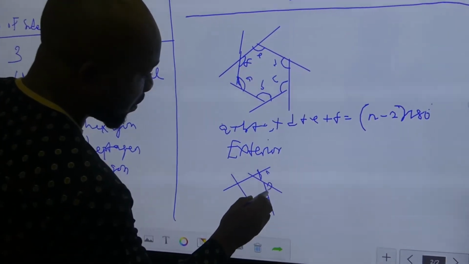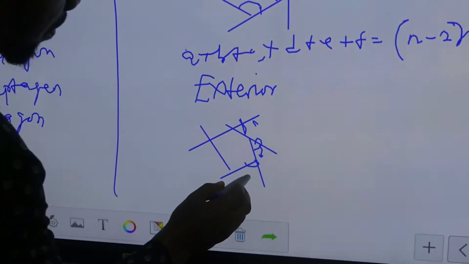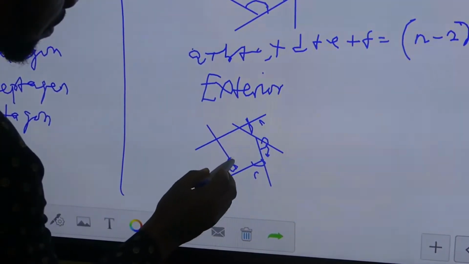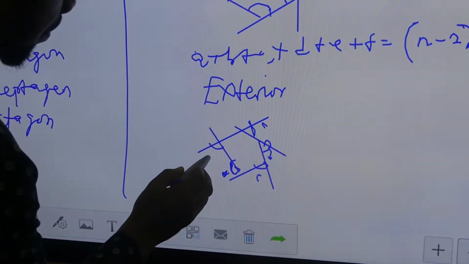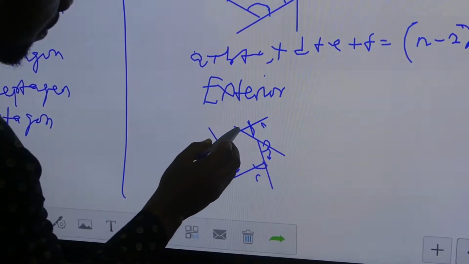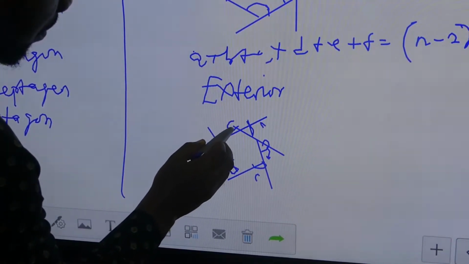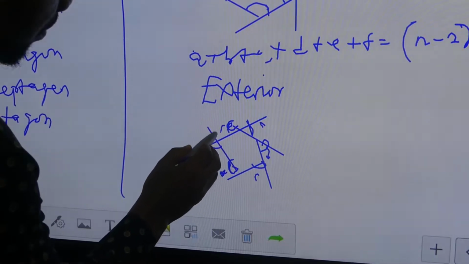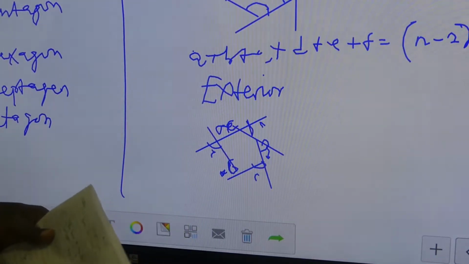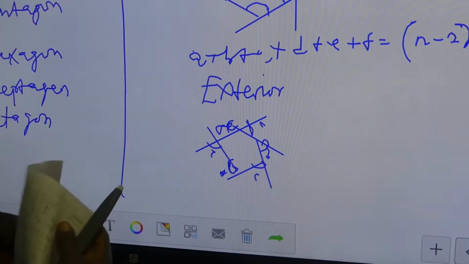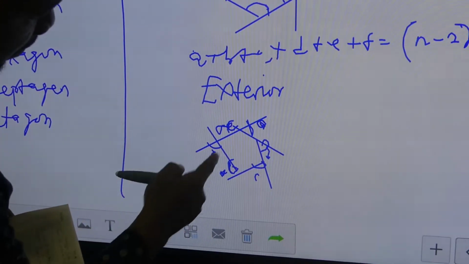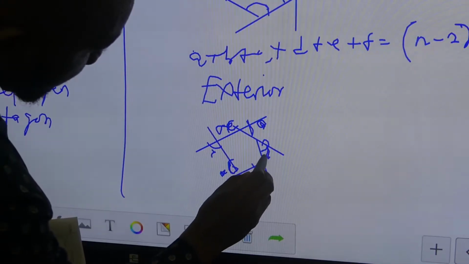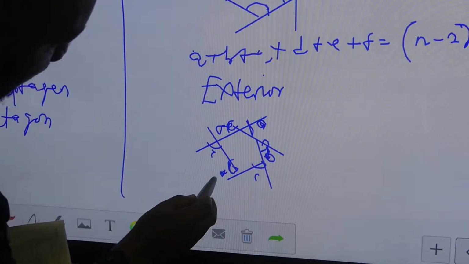Here is A, B, C, D, E, F. Remember that these angles are formed outside.